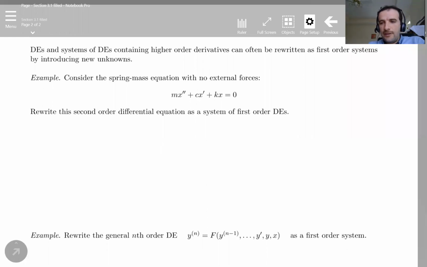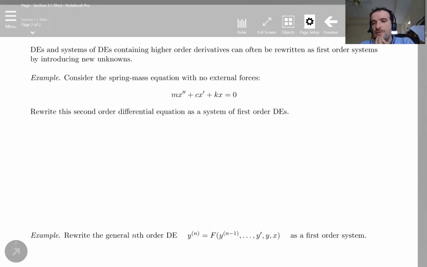As you may remember, if we have a first order differential equation, it is easier to solve, right? But if we have a higher order differential equation, it gets more and more difficult to solve. One good news is that whenever we have a higher order differential equation, we can represent it as a system of first order differential equations.